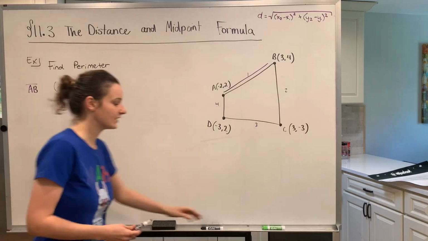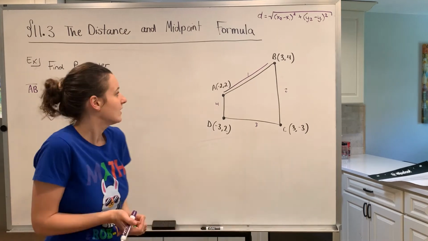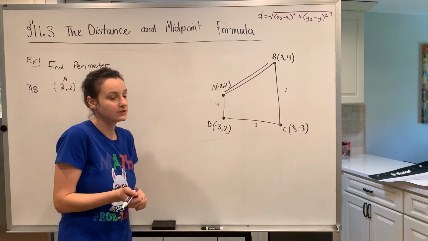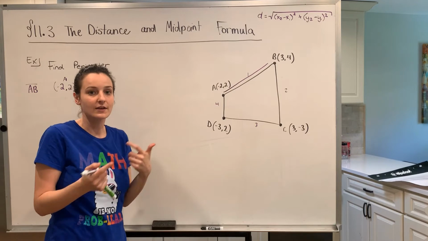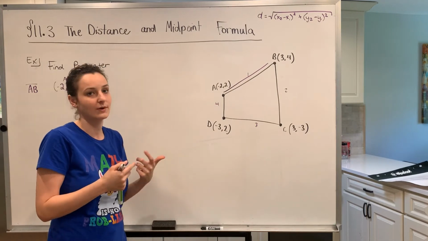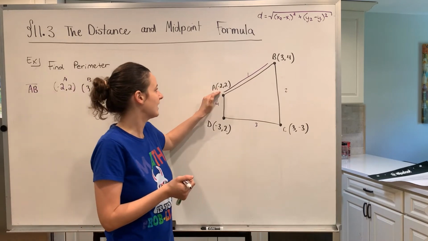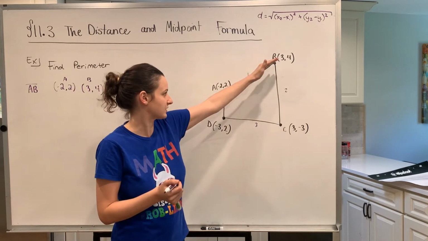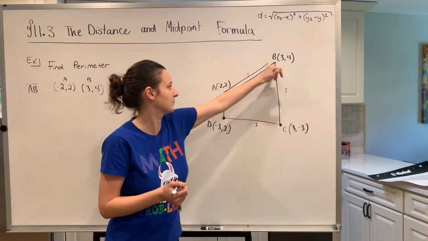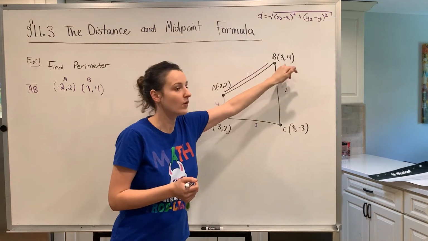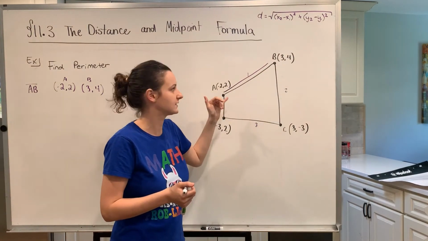I'm going to go ahead and call them x1, y1, and x2, y2. It doesn't matter which one that you call x1, y1 or x2, y2, as long as you are being consistent. So if you're going from A to B, then you need to stay in that direction both times. Or if you're going from B to A, you have to be consistent again.